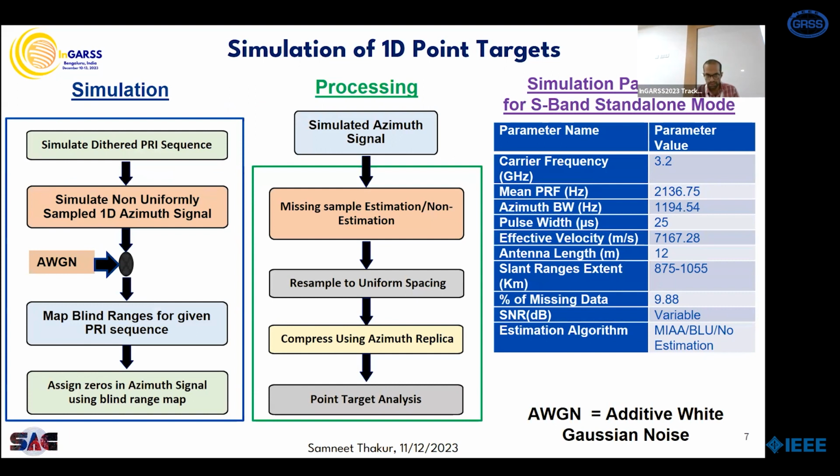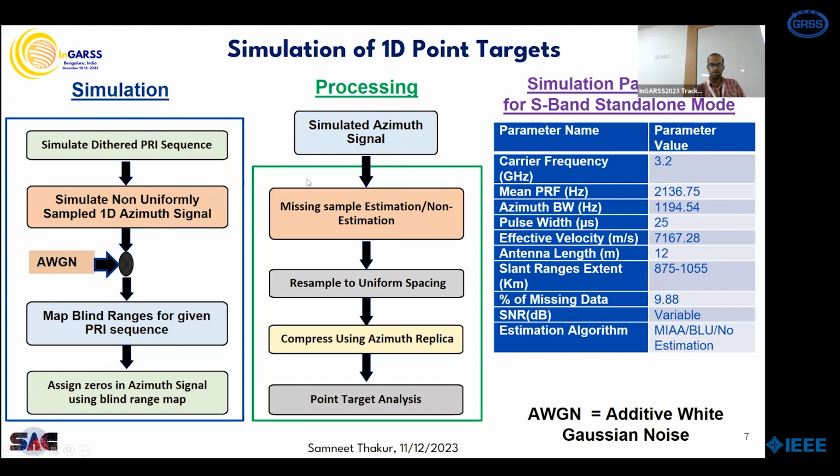Now, during the simulation of 1D point targets, initially we simulated a staggered PRI sequence, and then we generated a chirp at those staggered PRI values, and then blind range gaps were generated, and some samples were assigned zeros as per these blind ranges in the azimuth signal.